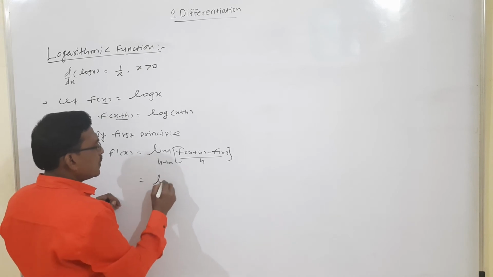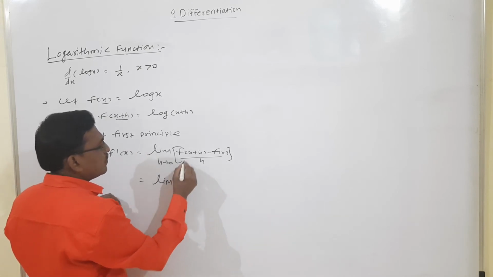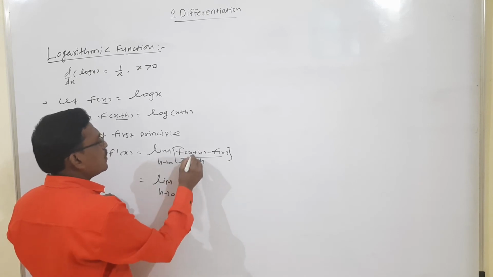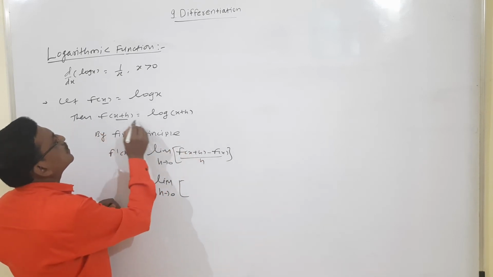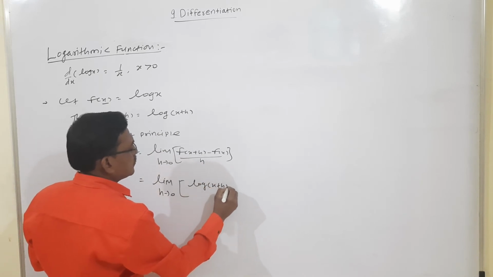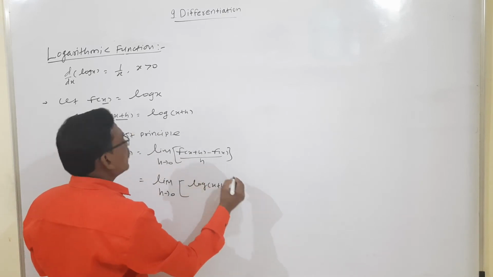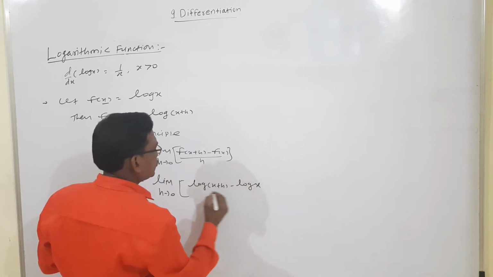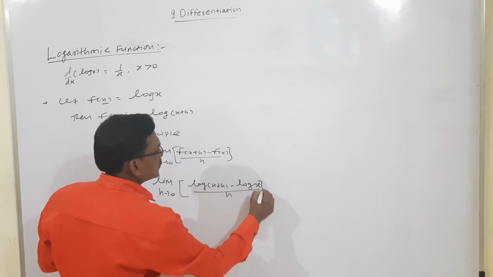We put the values of the function f of x plus h and f of x. So the value of f of x plus h is log of x plus h, and the value of f of x is log x, whole divided by h.